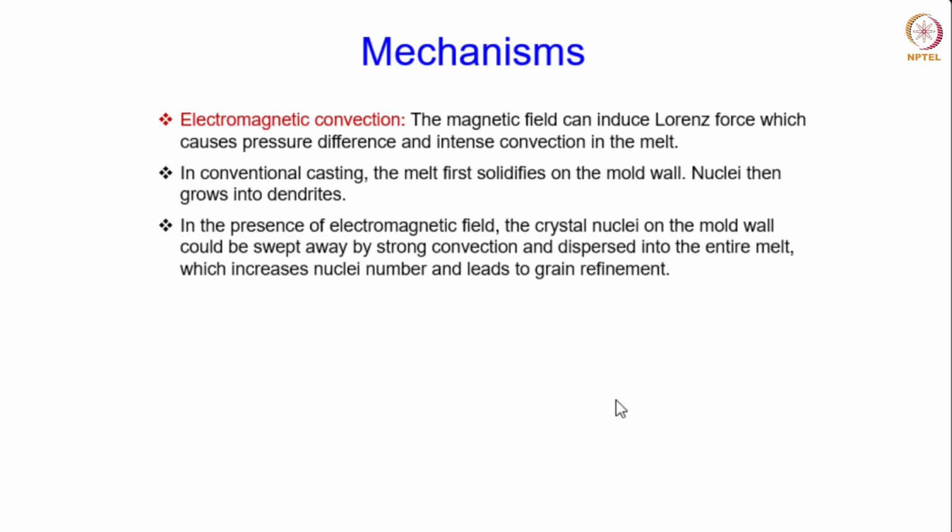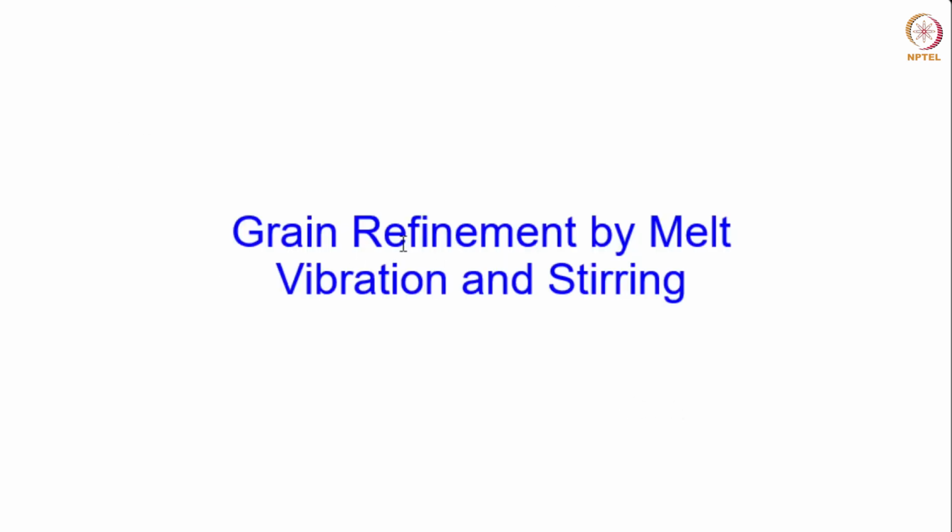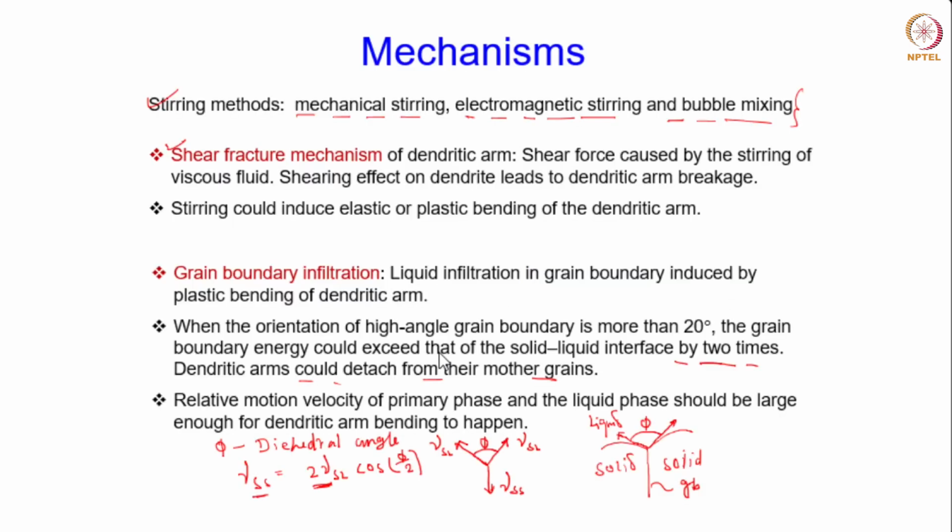Let me summarize this particular method of grain refinement by vibrating and stirring the melt. First of all, there are different ways by which the stirring can be done, like mechanical stirring, electromagnetic stirring, and so on.